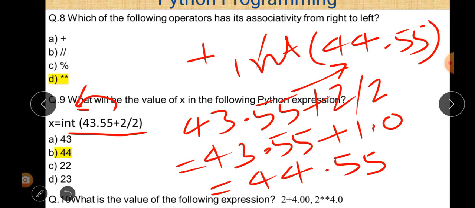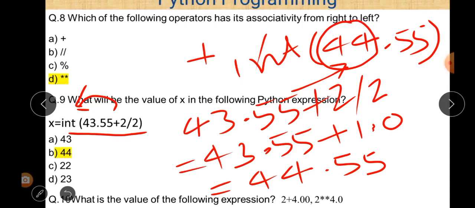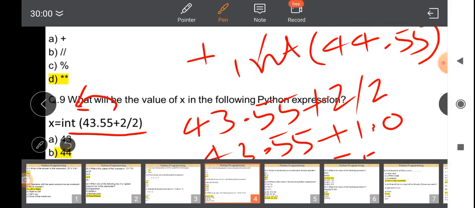Actually, we always consider the integer part. So the integer part is 44, and so our answer should be 44. Okay. Now let us take another question.